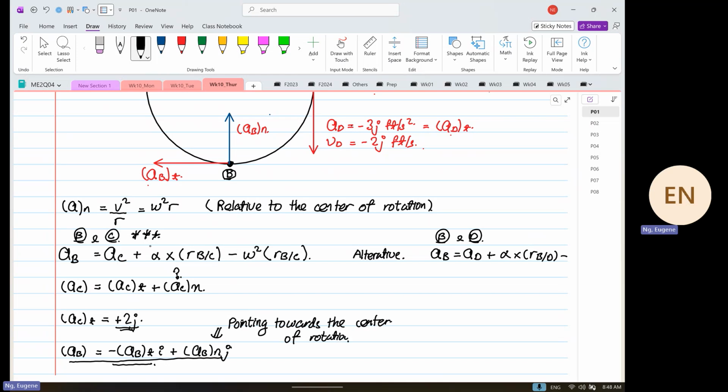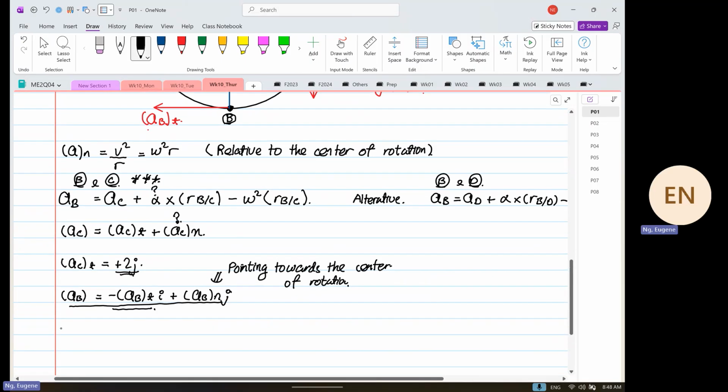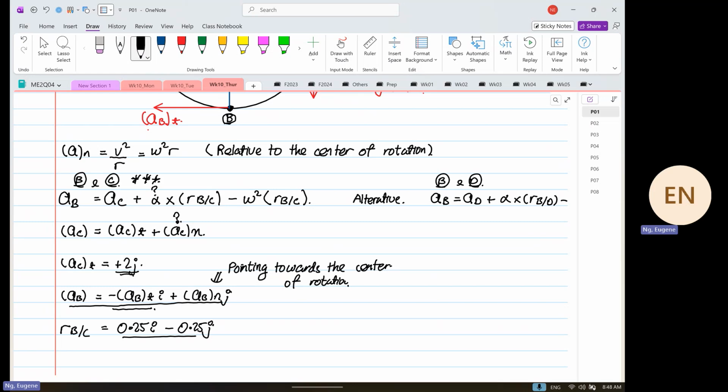Alpha we don't know. r_B relative to point C, so point C is the reference, is equal to 0.25i minus 0.25j. So again, this information is important to us.